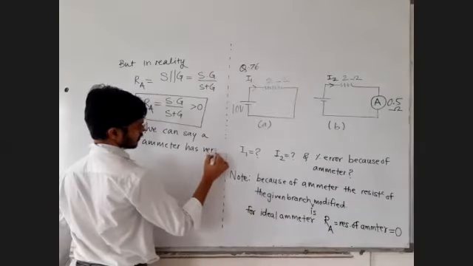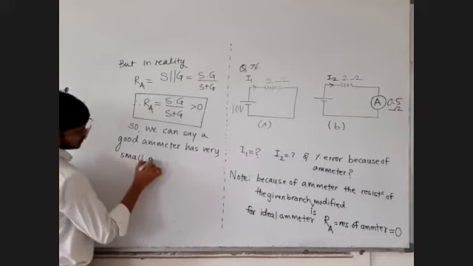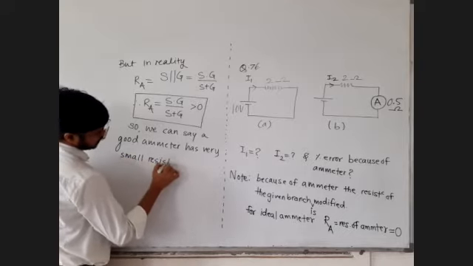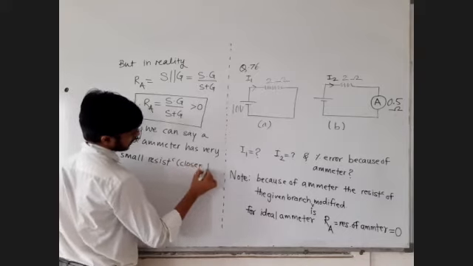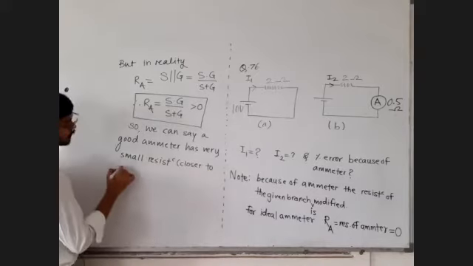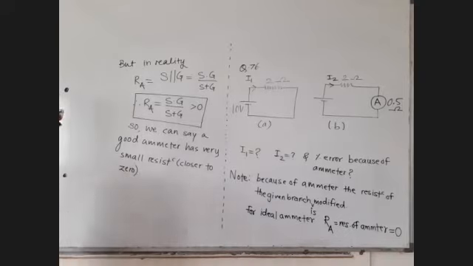The smaller it is, the better it is. Okay. A good ammeter has as small a resistance as possible.